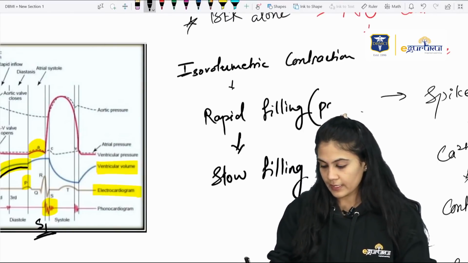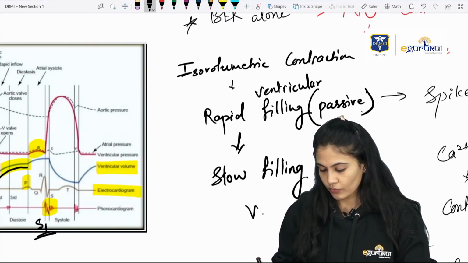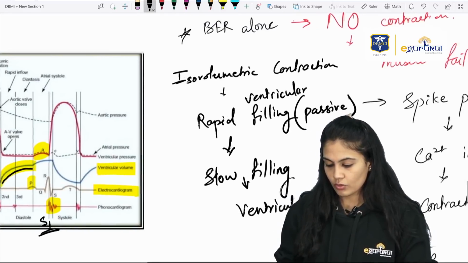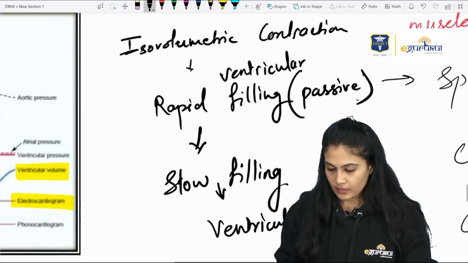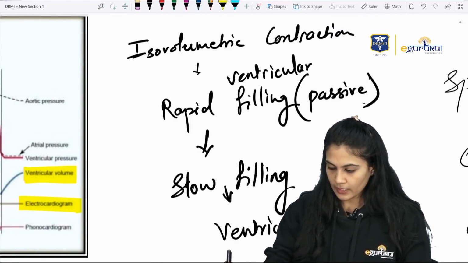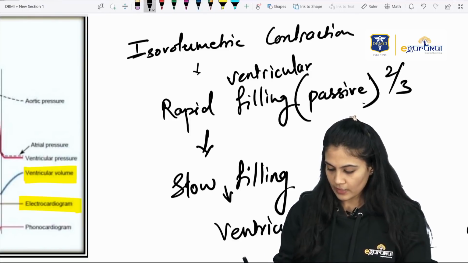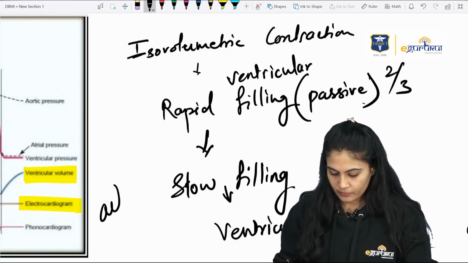The rapid filling is the passive filling, rapid ventricular filling rather, and slow ventricular filling takes about one third time, and the first 2/3 time is the passive filling. Then there is an active filling which is the slow filling.